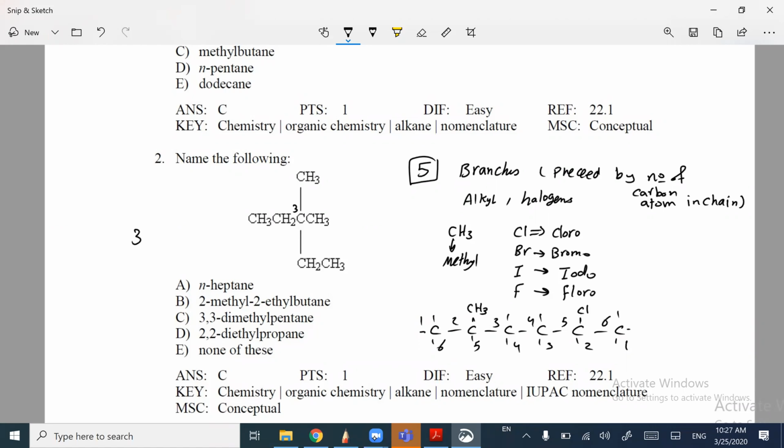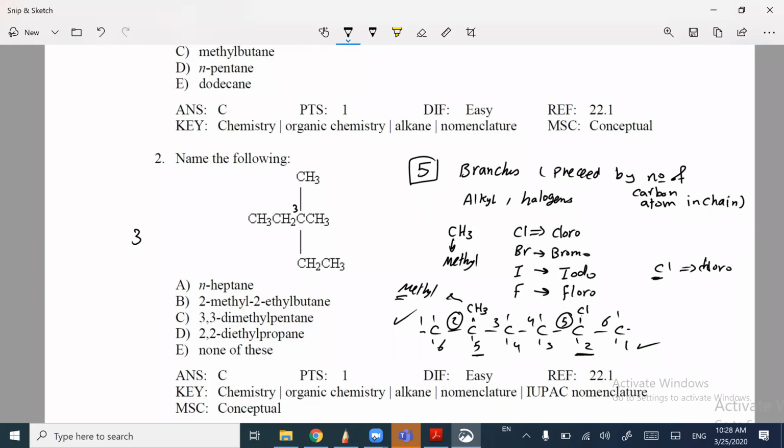From this side we'll find a branch on carbon atom number 2 and carbon atom number 5, and from the other side also on number 2 and number 5. We will start from the side that gives alphabetical arrangement. The branch on this side is Cl, chloro, and on this side it is methyl. Who precedes alphabetically? Chloro, Cl, C, precedes M for methyl. So we'll start from this side.